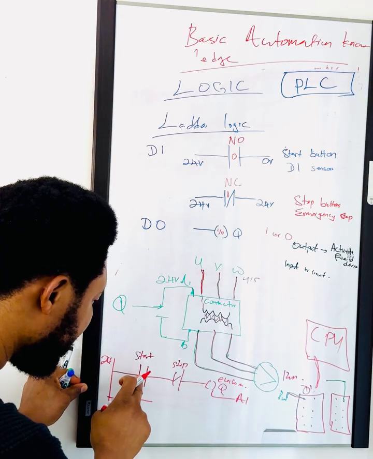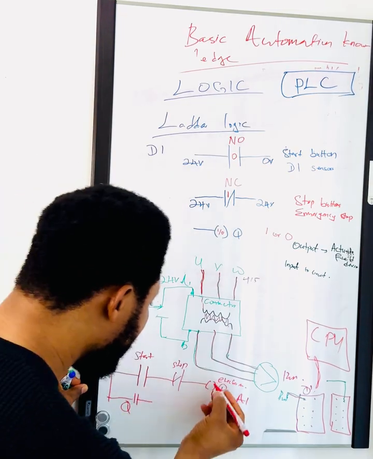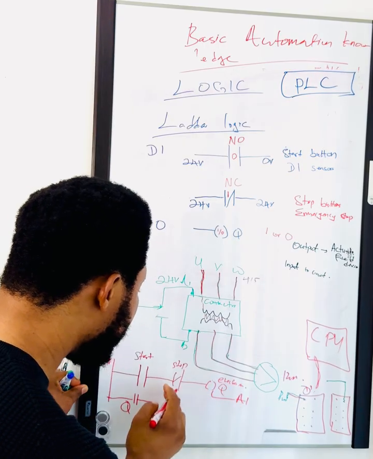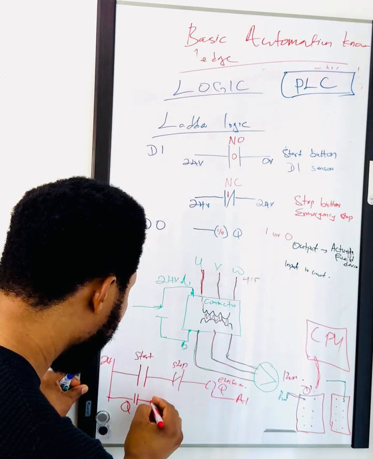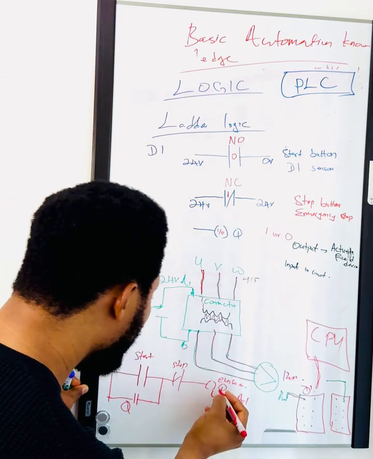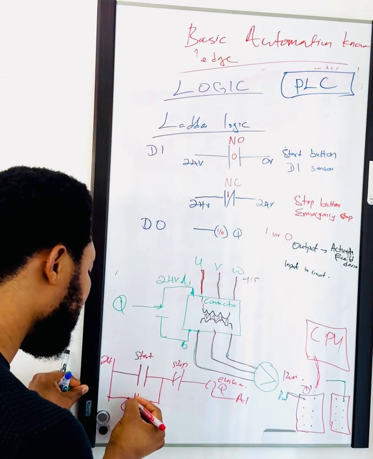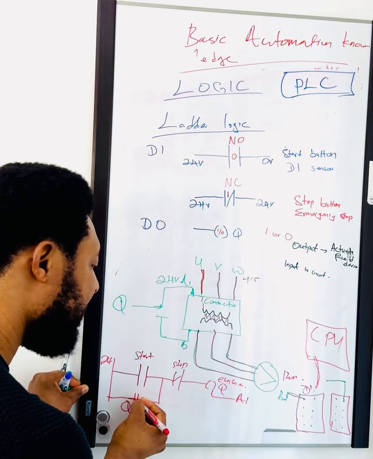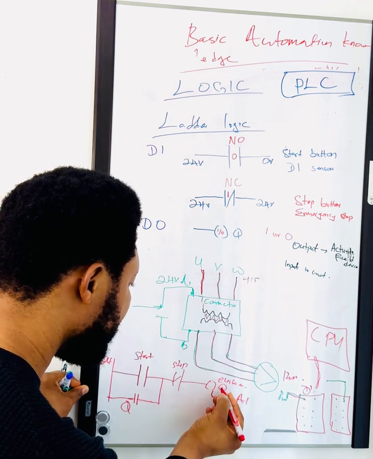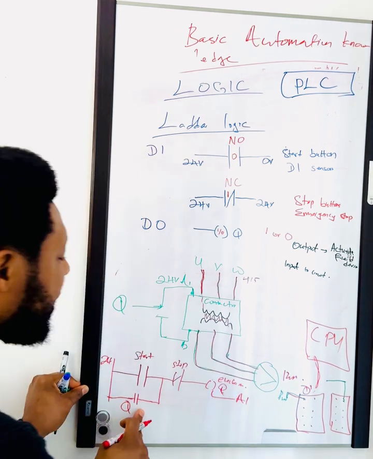Once you close this, this is going to come on, right? Once this comes on, this one will also come on, right? Because this one is on, this one is going to remain on.